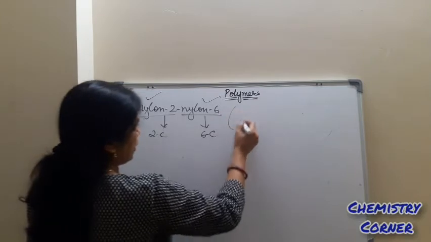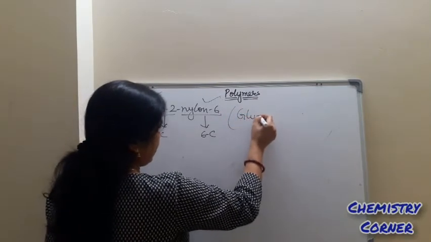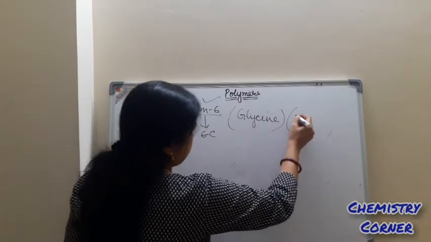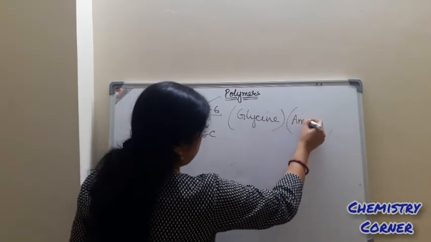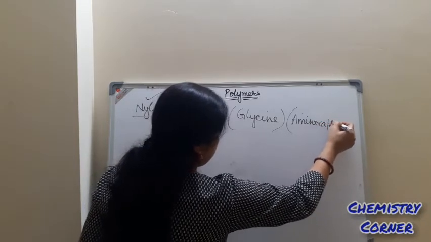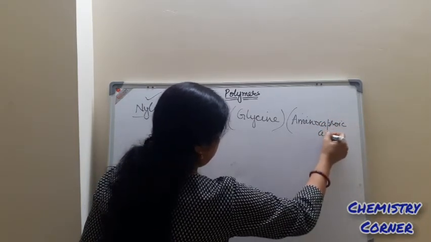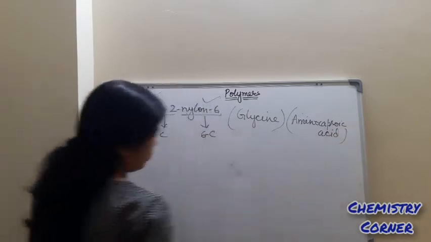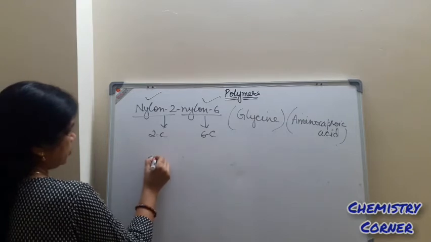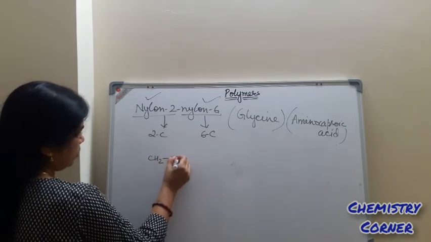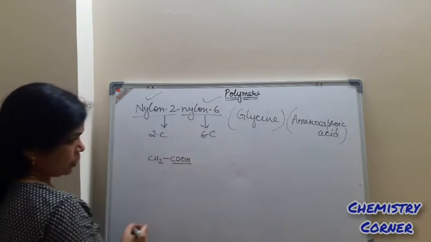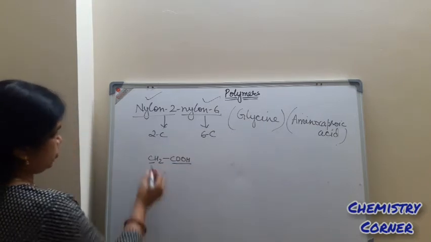The first is called glycine, and the second is called aminocaproic acid. Okay. Now total 2 carbon. So one is completed by a carboxyl group and one by CH2.